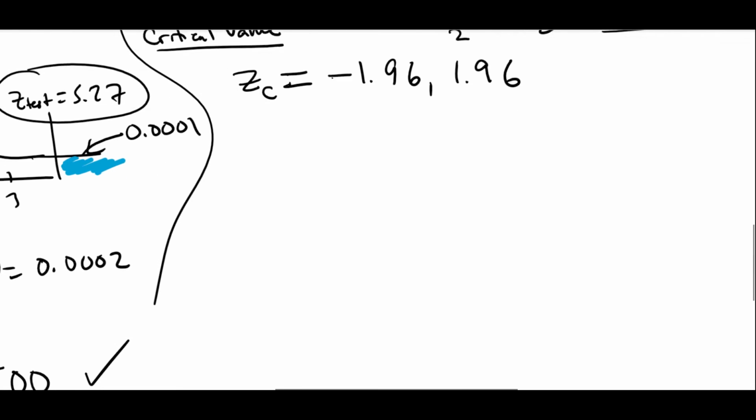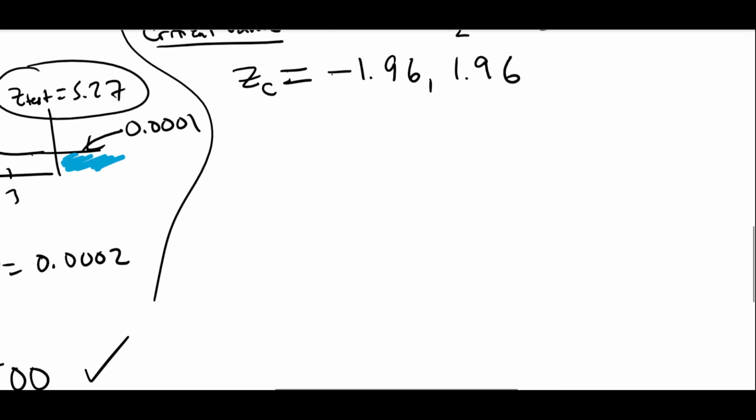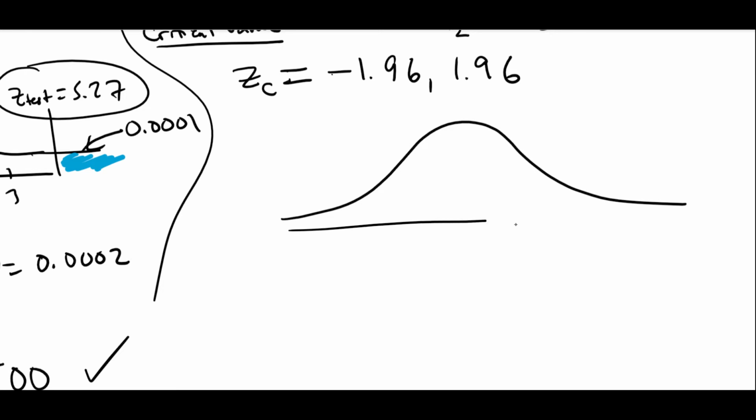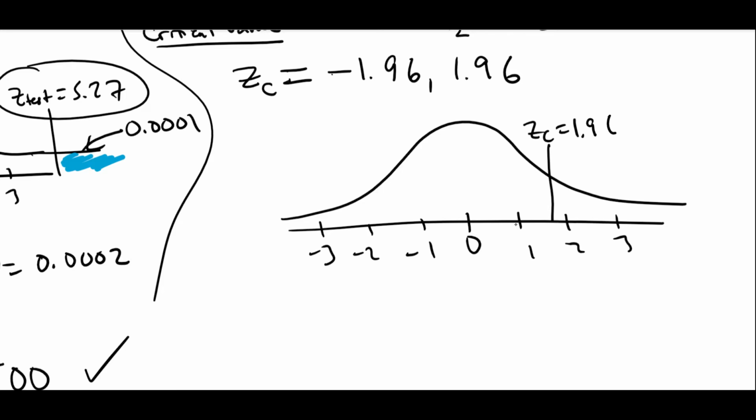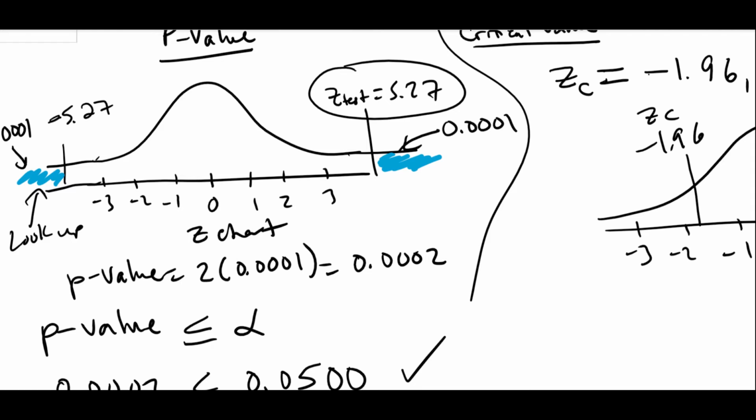All right. So now I'm going to draw my normal distribution, and I'm going to label my 2 criticals. This time I actually do have 2 criticals, like 2 values that are considered criticals, whereas here I only had 1 test statistic.